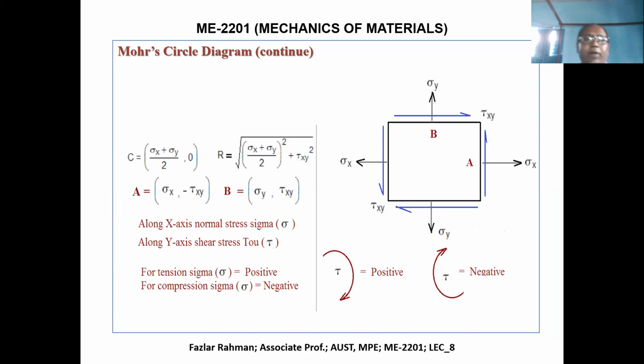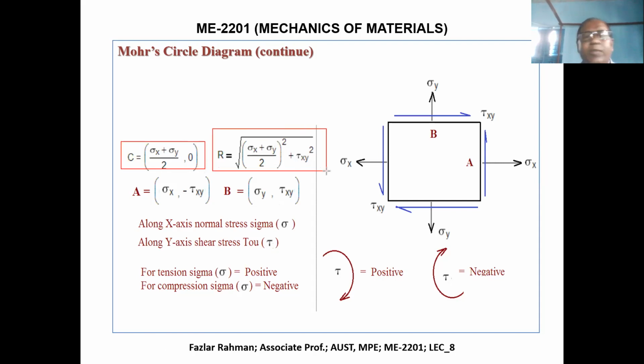Now, these two sign conventions you have to memorize: if tau rotates clockwise, positive; anti-clockwise, negative. And these two formulas you have to memorize.